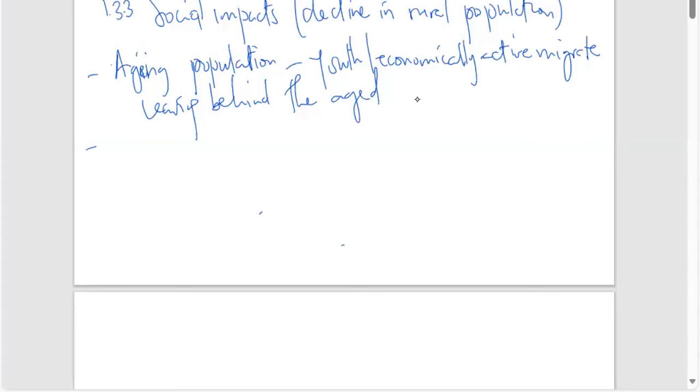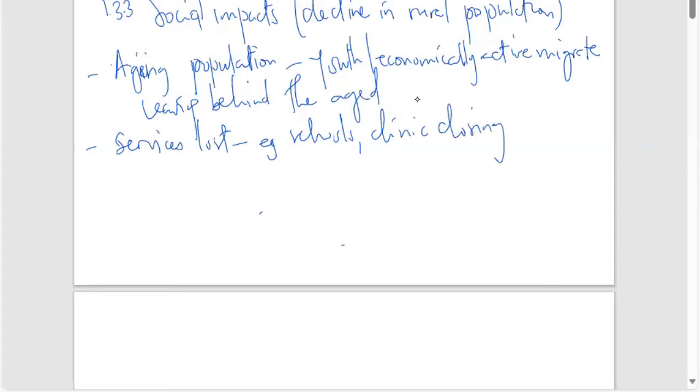Then you can also look at services, loss of services in the rural areas. Services are lost. For example, we have schools or clinics closing. Remember, we talked about the aspect of threshold population.